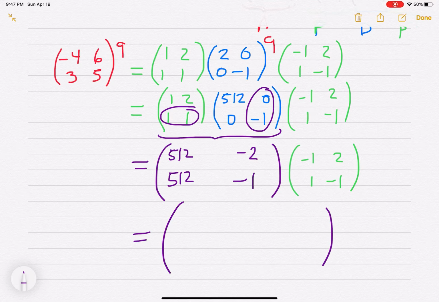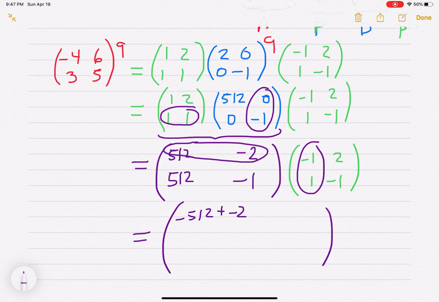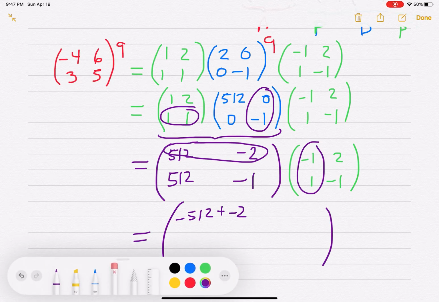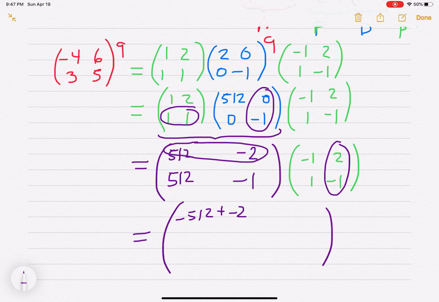512 times -1, so the first row, first column is -512, plus -2 times 1 is -2. Now let's do the first row, second column: 512 times 2 is 1024, plus -2 times -1 is +2.